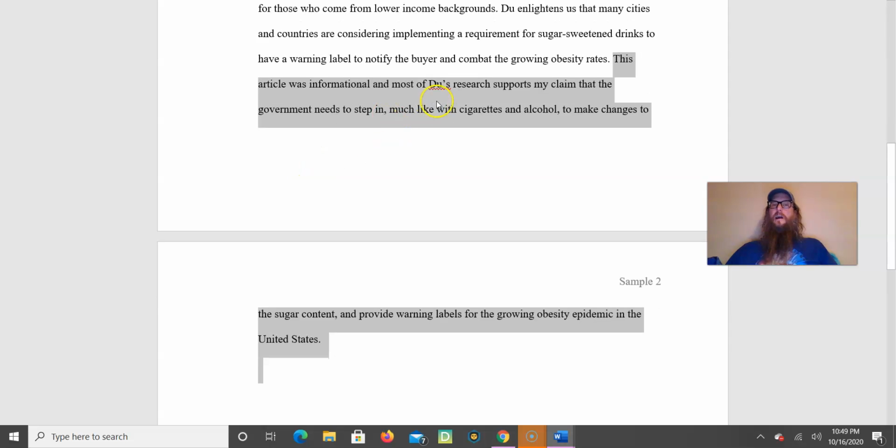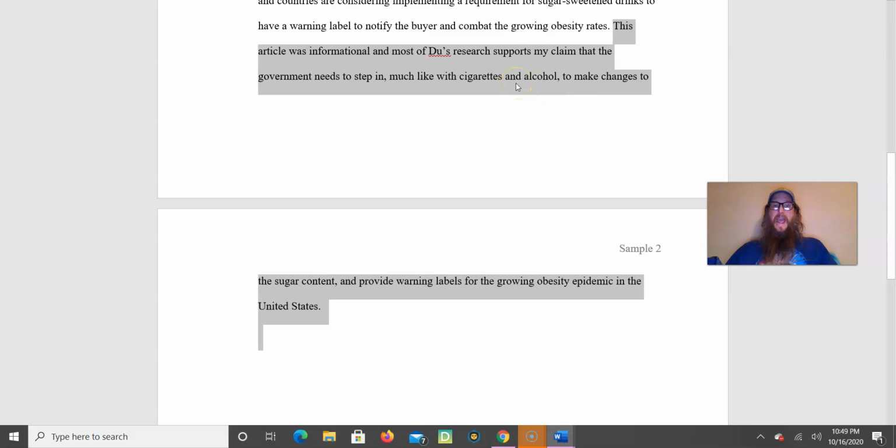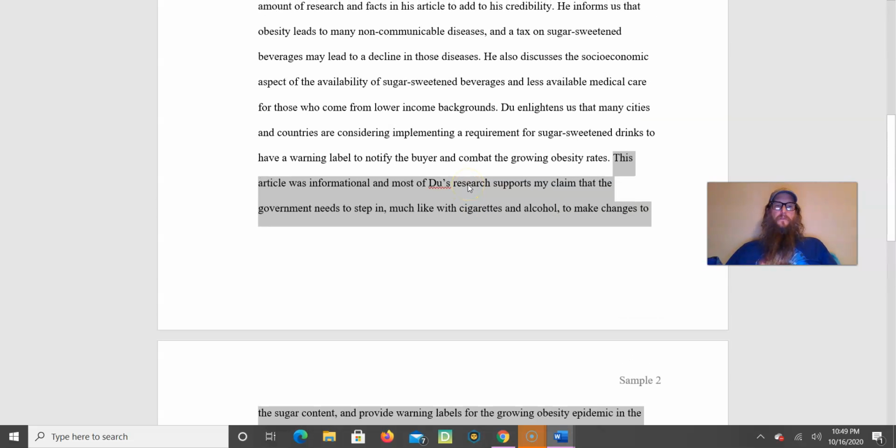And so you can see that the student has done some thinking about that, right? The student says, aha, there are facts here that support my claim that the government needs to step in because of the similarities, according to some authors, in terms of public health concerns between sugar-sweetened beverages and other things that are already taxed by the government, right?